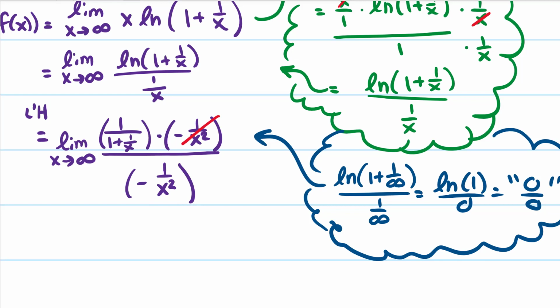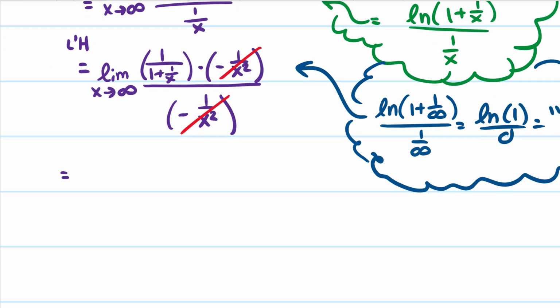So now these cancel off. And I can rewrite this as the limit as x approaches infinity of 1 over 1 plus 1 over x.